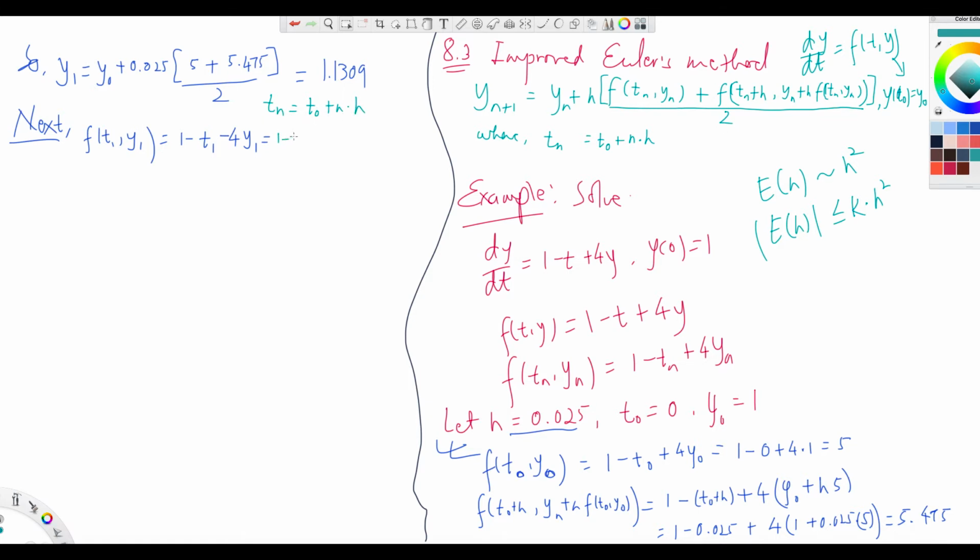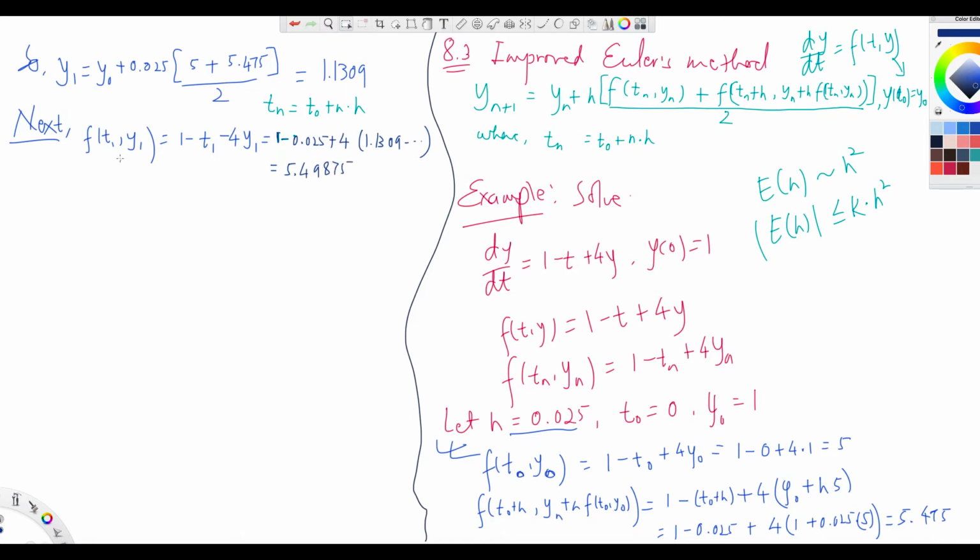So it is 1 minus 0.025, right? Plus 4 times that value, 1.1309. It is better if you consider more decimal places, right? This will give you 5.49875.